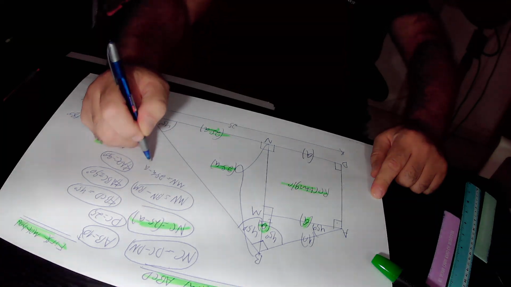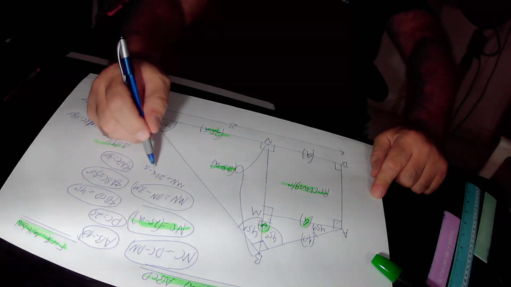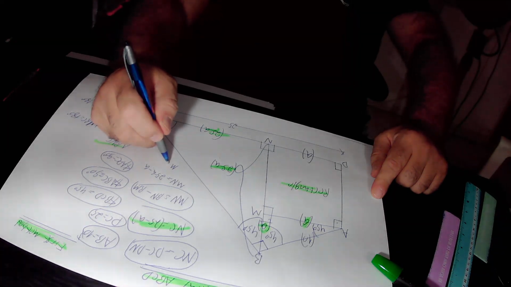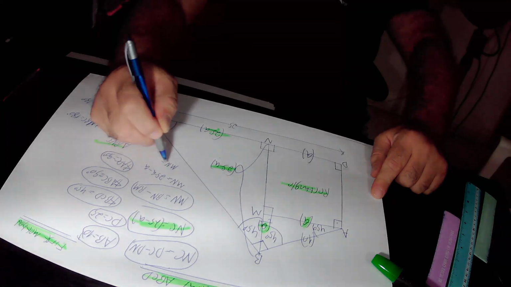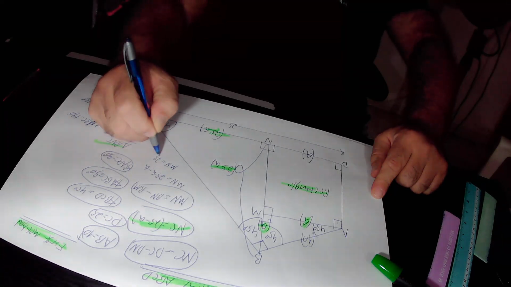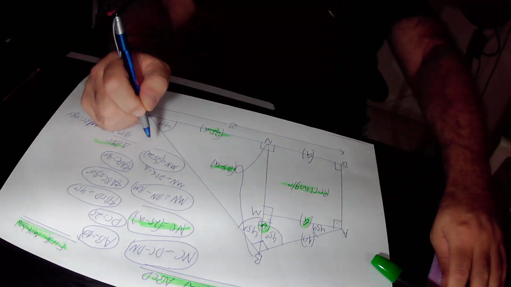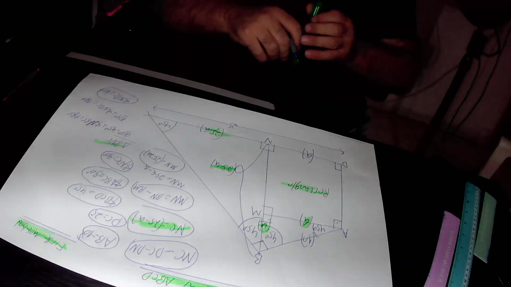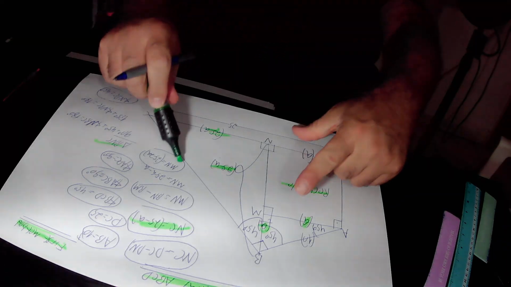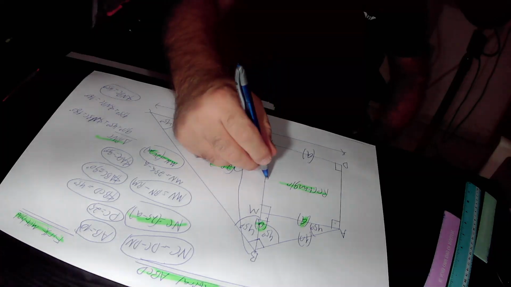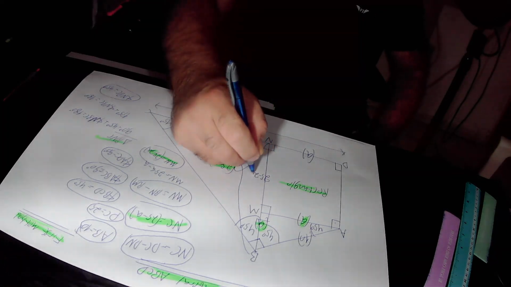BM is A. So MN equals 25 minus A minus A. 25 minus A minus A is 25 minus 2A. So in total we found out that MN equals 25 minus 2A units in its length.